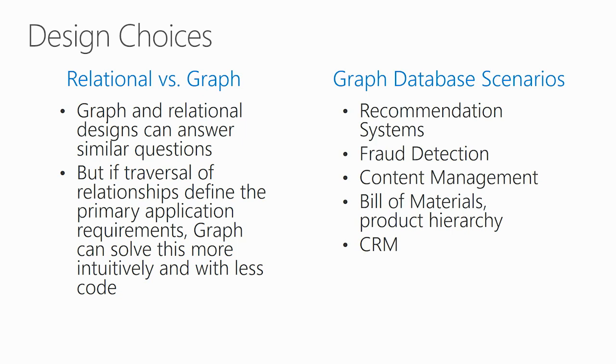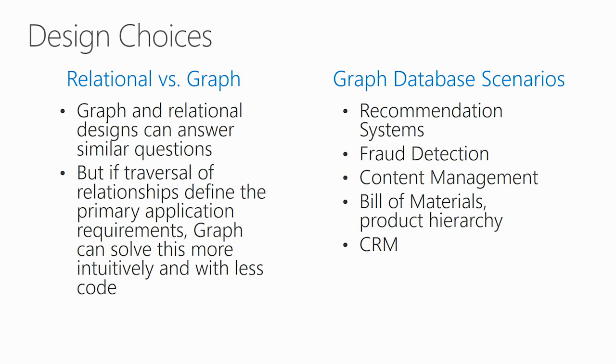Now let's look at some of the graph database scenarios that we have seen so far in SQL Server 2017. Graph has been out in private preview since January of 2017, and we have seen our customers using this feature for recommendation systems, fraud detection, content management, and bill of materials where there is a product hierarchy.